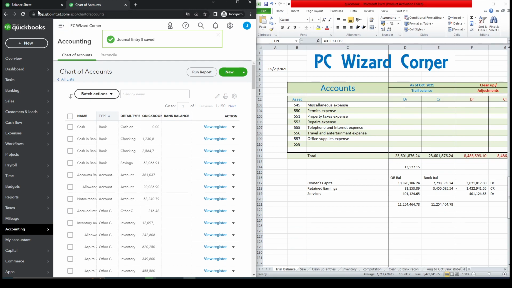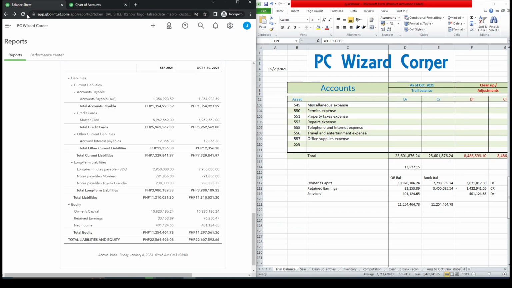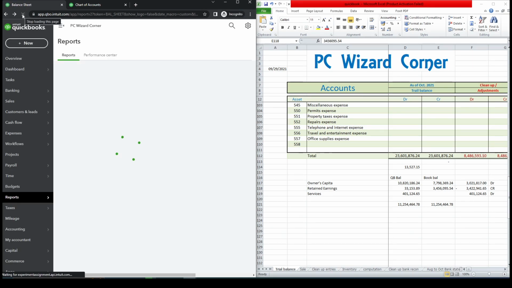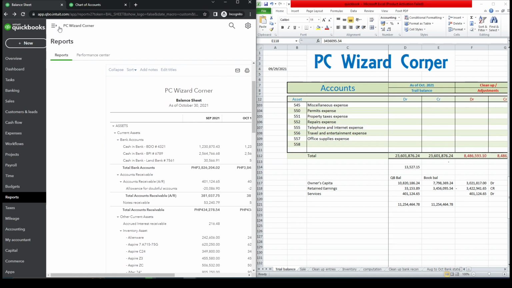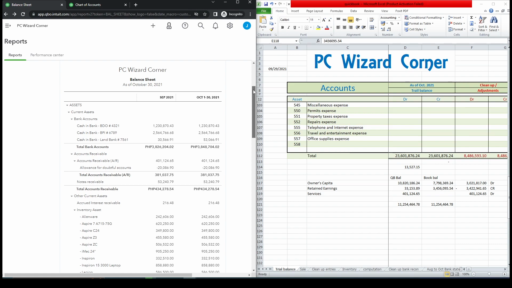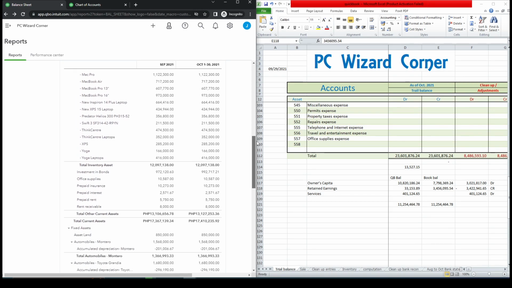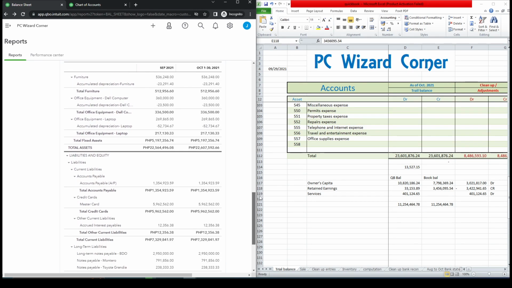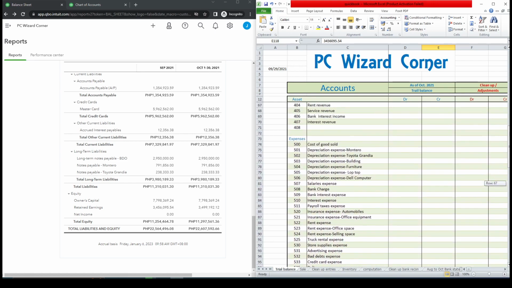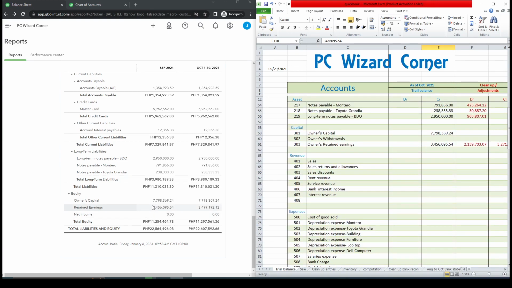There you go. Let's go to the trial balance. The moment of truth. Let's go down. There you go. The balance is 7 million.